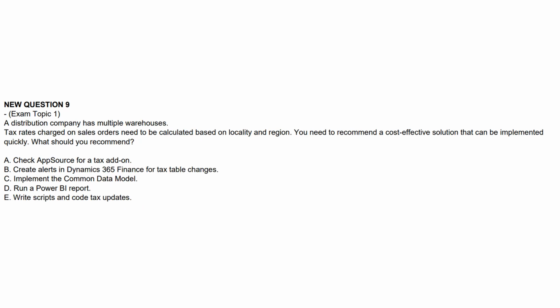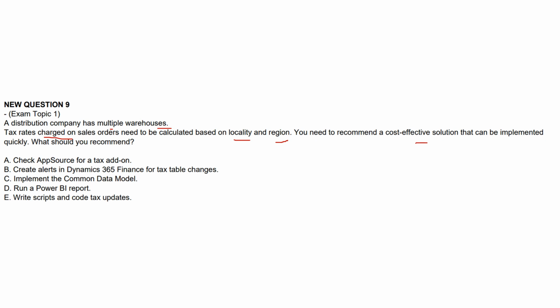So a distribution company has multiple warehouses. Tax rates charged on sales orders need to be calculated based on locality and region. You need to recommend a cost effective solution that can be implemented quickly. So what should you recommend? We have five options.